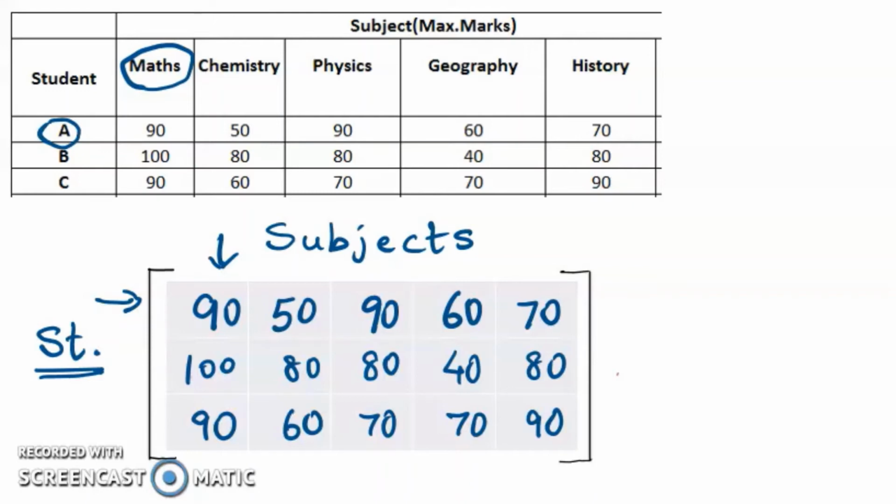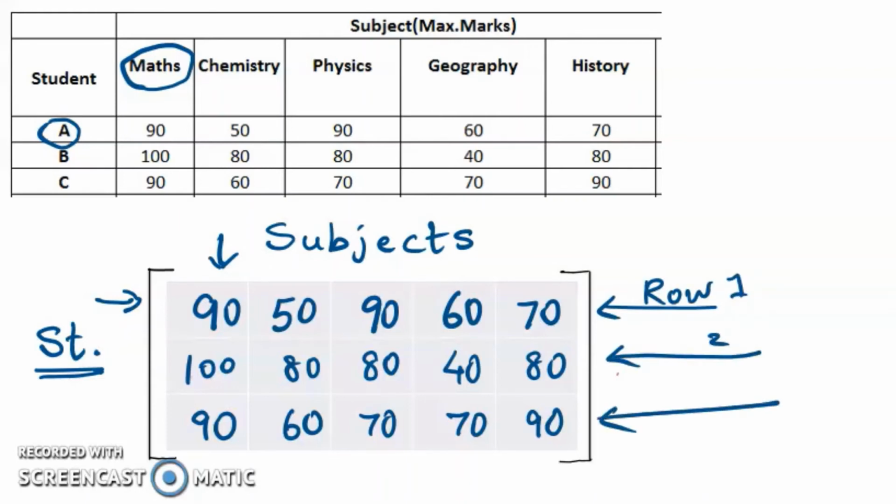So let's look at how we can identify an element inside here. We have row 1, row 2 and row 3. And you also have columns 1, 2, 3, 4, and 5.